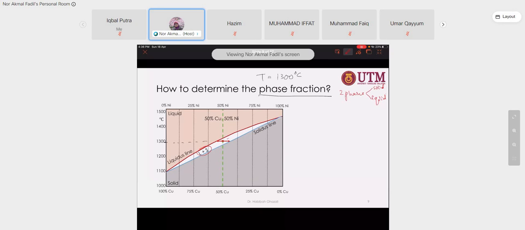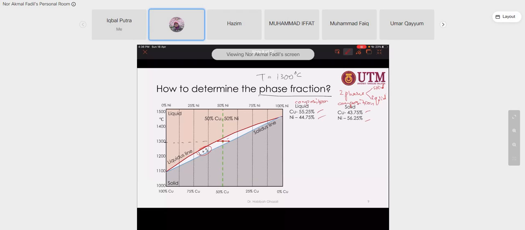We can calculate this. So, composition of liquid and solid. Just now we have determined the composition, and we got this value. This is the composition of liquid, this is the composition of solid.